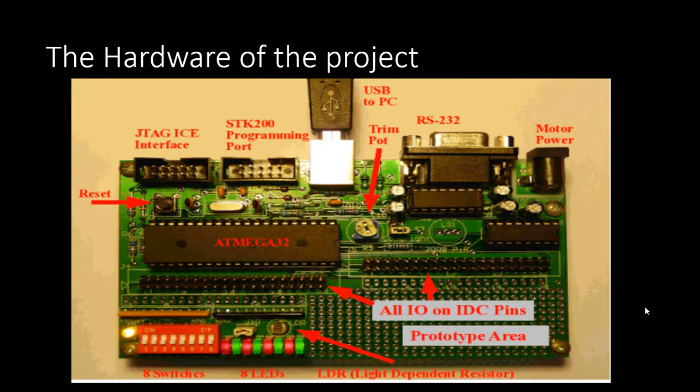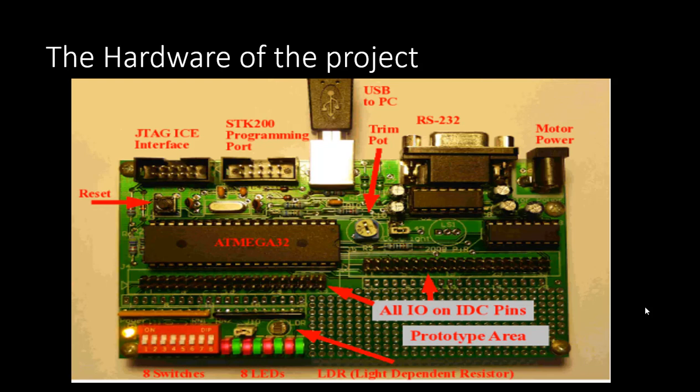So the hardware of this project was that it wasn't just a software-based project. This thing was actually running on actual hardware, and this is an OUSB board that we get given at RMIT University when you undertake engineering computing 2, because they want us to learn how to program with hardware, which is pretty good.